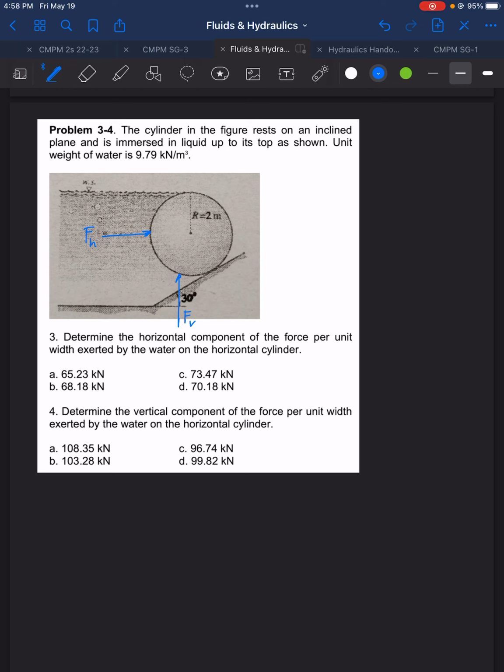So how do we solve for the F of H first? As for the F of H, you need to see what is the total horizontal part that is being seen by this side at the side view.